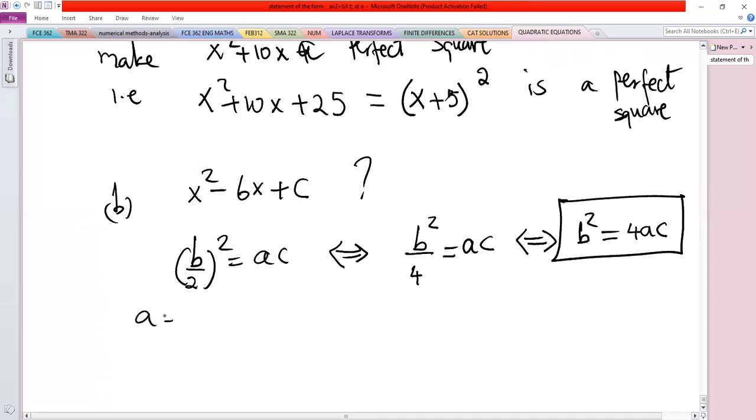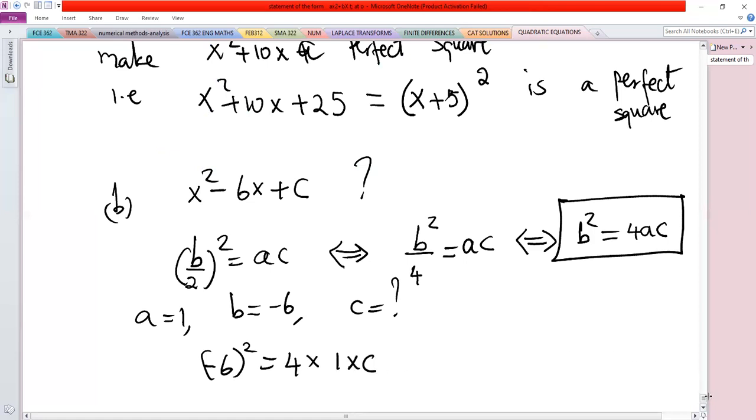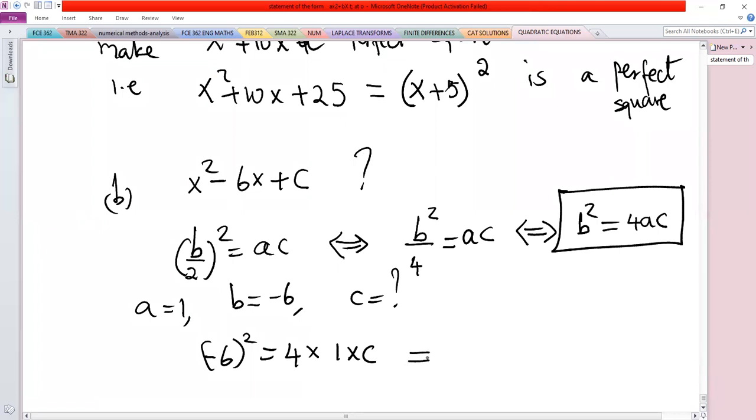So our a in this case is 1, our b is minus 6, our c is the unknown. So we'll say b squared, which is minus 6 squared, should give us 4 times a, which is 1, times c, which means 36 equals 4c, and this means c is 9.